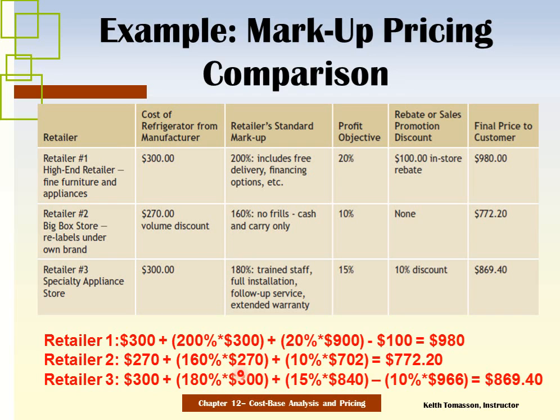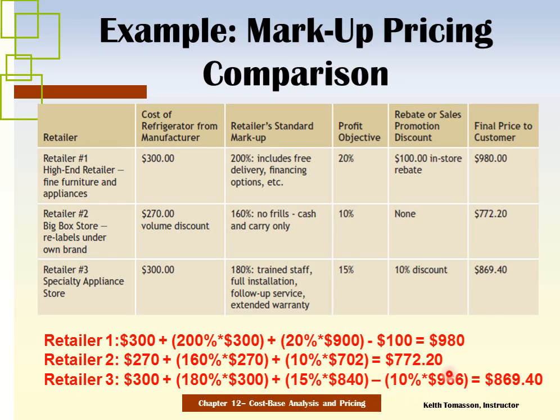180%. So the total cost then becomes $540. So 180% times 300 is $540. Plus the $300 is $840. They've got a 15% profit objective, so 15% times $840 is another $126.